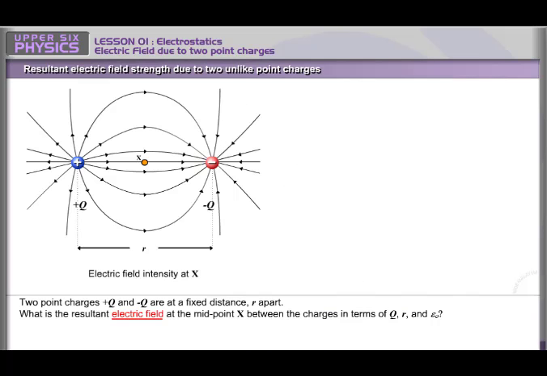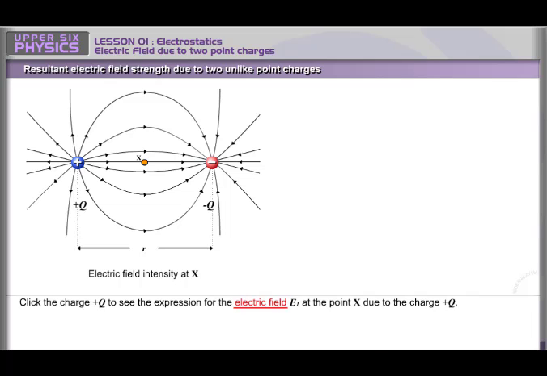Two point charges positive Q and negative Q are at a fixed distance, r apart. What is the resultant electric field at the midpoint x between the charges in terms of Q, r and epsilon naught?